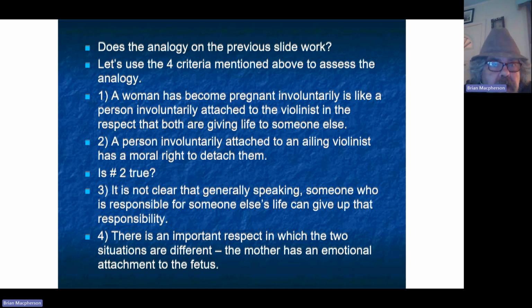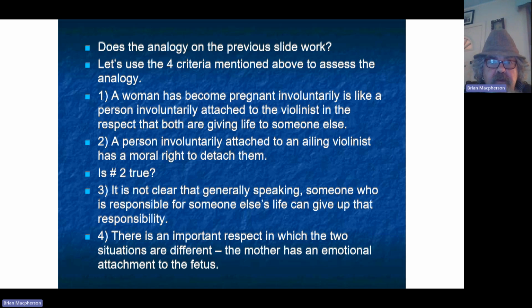One might argue that. So two is a little bit iffy because not everybody agrees that if you're involuntarily attached to another being, you have the moral right to detach them. So two is questionable.